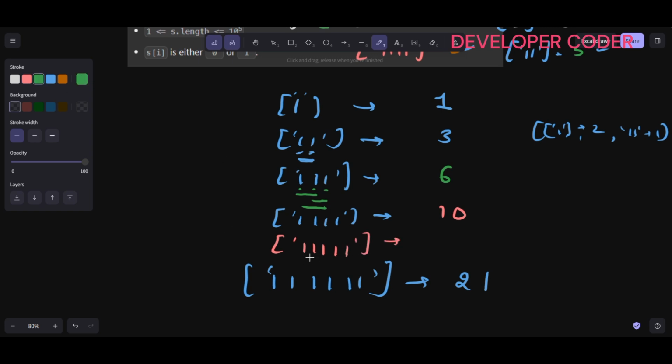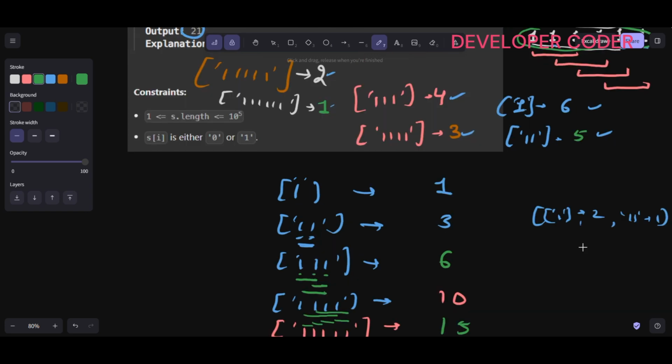Same simple way, right? 1 2 3 4 5, 6 7 8 9, 10 11 12, then 13, then 14, and then one complete 15 we can get. Clear? So now if you see here, this is what I have derived.